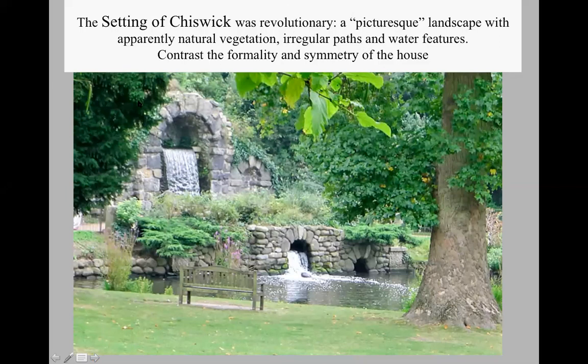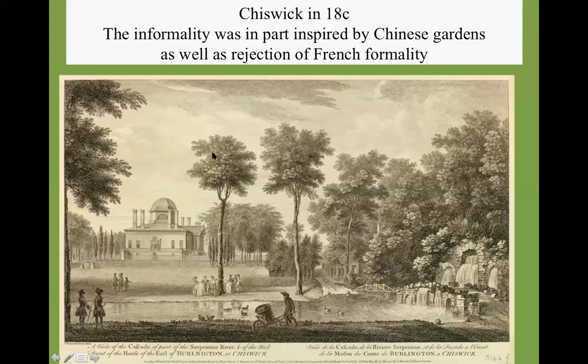There are these wonderful water features, rough rocks and so on, very much in contrast with the formality of the house. And one of the things that's going on here is a kind of rejection of French ideas, rationalism, Versailles, everything clipped, everything geometrical. We can't take that.